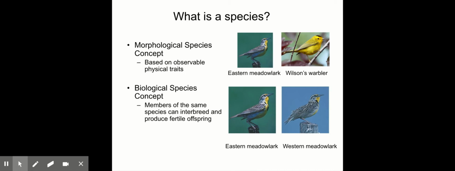You can't apply the biological species concept to asexual reproducers like bacteria. So in that case, you have to look at more genetic differences and try to think, okay, where do we draw the line with these genetic differences? Or look at evolutionary relationships and try to figure out where to draw the line between species.